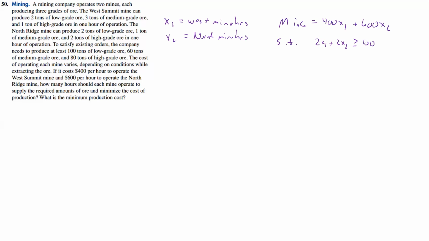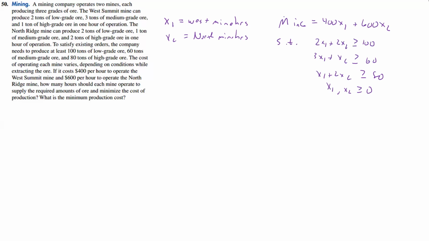Then we have 3 and 1 and 60, so it's going to be 3x1 plus x2 greater than or equal to 60. And then here it says 1 high, 2 high, and has to be 80. So x1 plus 2x2 has to be greater than or equal to 80. And our x1 and x2 greater than or equal to 0.